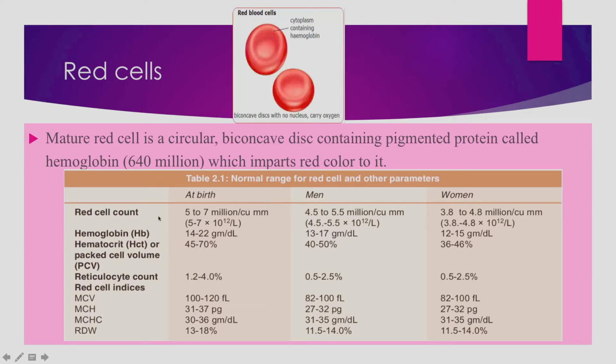The total RBC count is 4.5 to 5.5 million per mm cube. That means in 1 mm cube there will be approximately 4.5 to 5 million RBCs in men, and 3.8 to 4.8 million in women.